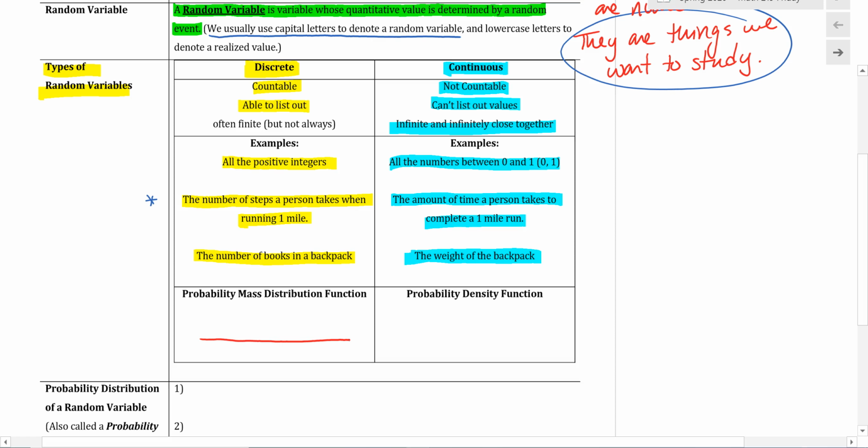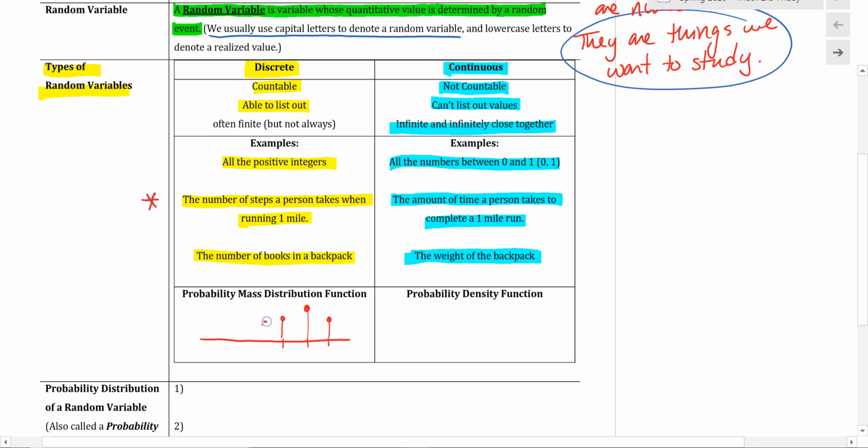So maybe I'm thinking about this number of steps to run a mile. Like this could be 1,000 steps, and maybe you have this many people doing it. And maybe this is 1,200 steps, and you have fewer people doing it. Maybe over here is 900 steps, and you've got not many people doing that.